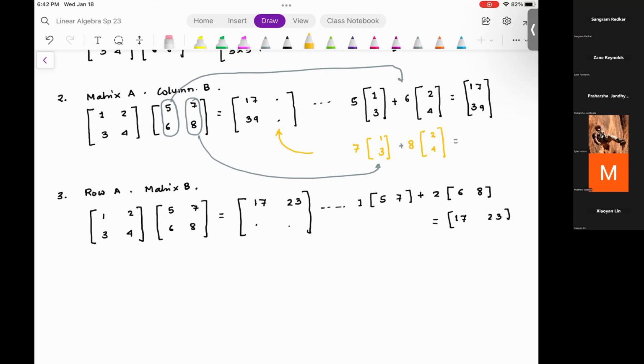And clearly for the next step, what I need to do is use the exact same logic, 5, 7, 6, 8, and now I would have 3 times 5, 7, and 4 times 6, 8.